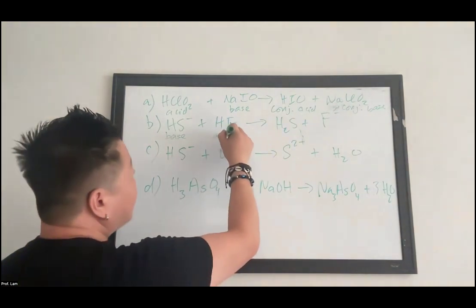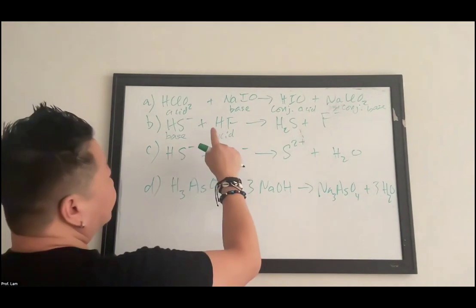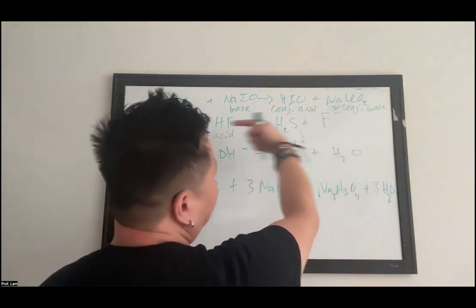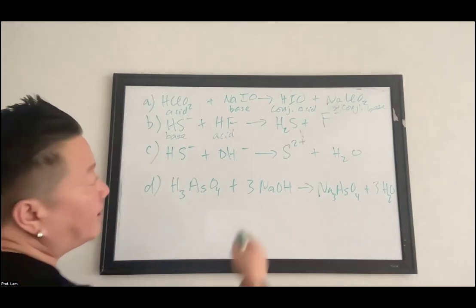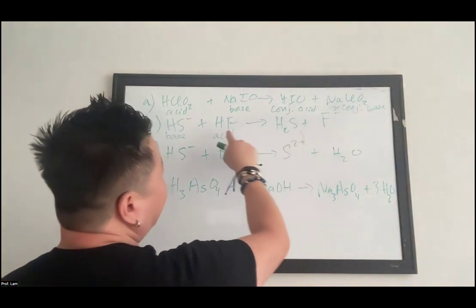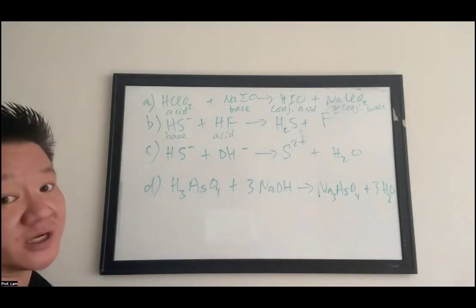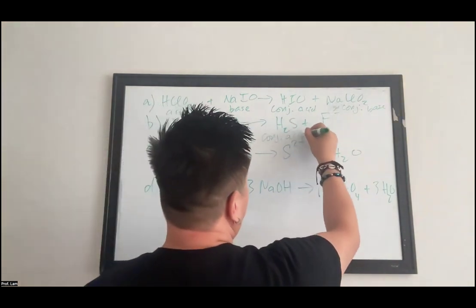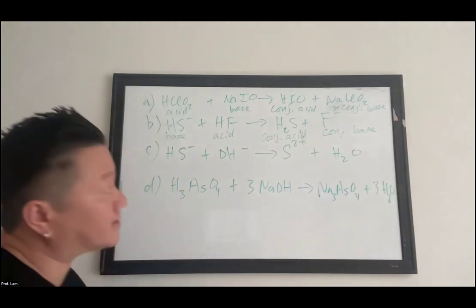And HF must be the acid. Okay, so now to label these, think about again, going backwards, who's losing the proton and who's gaining it? Going backwards, it's F minus that gains the proton, and it's H2S that loses the proton. So H2S is the conjugate acid, while F minus is the conjugate base.